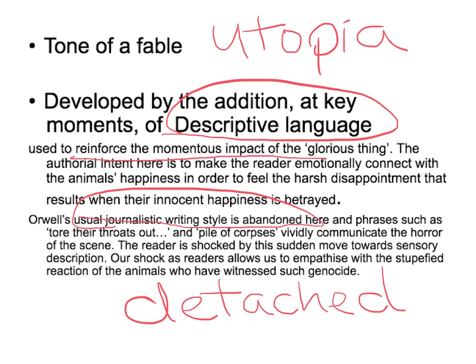For example, after the show trials, if you look here, you've got phrases like tore the throats out and the pile of corpses. Now that language is descriptive, that language is emotive, and it completely contrasts with the happiness and the optimism of glorious thing. So if you juxtapose glorious thing to a pile of corpses, in many ways that's a summary of where this book goes.